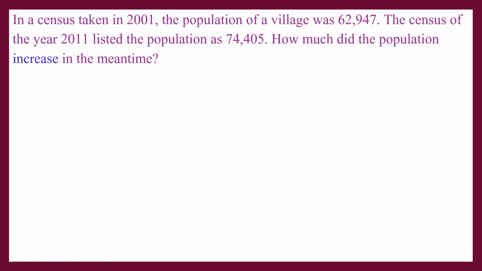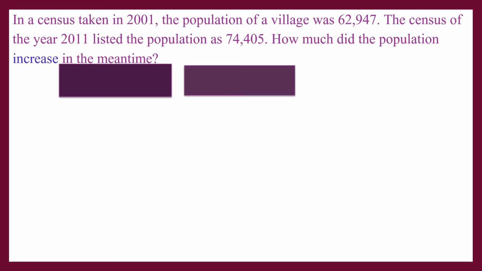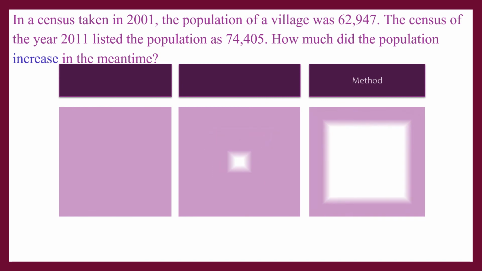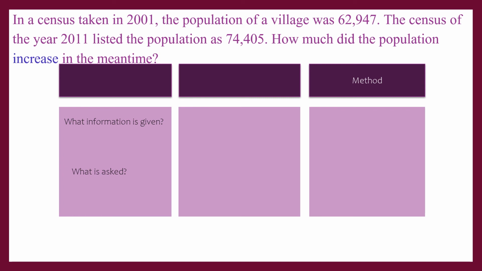So we will do subtraction. First we will draw the columns. Then we will write what information is given, what is asked, and what method should be used. In the next column, we will write the answers.